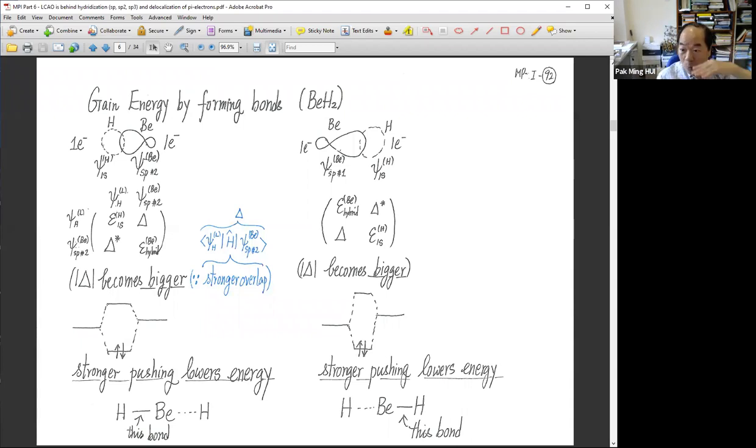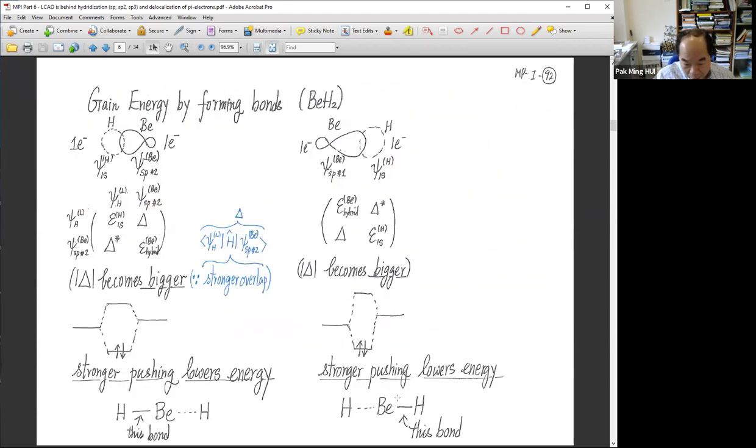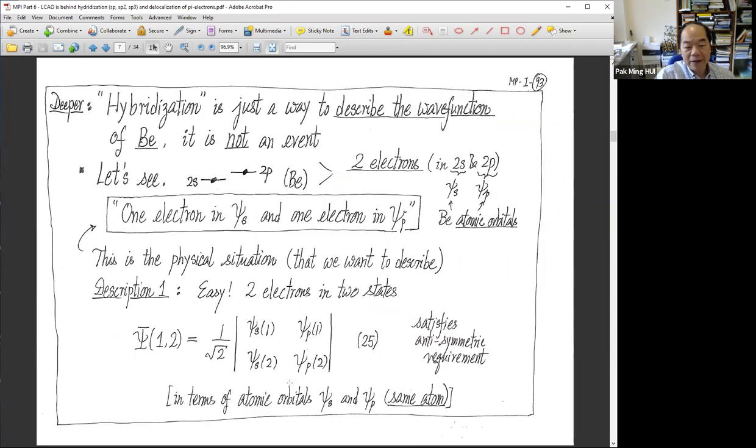But it is the lower one that will be occupied, the left one and the right-hand one. Therefore, this will form this bond. The lower block, I mean this block, will form the right-hand side bond, and therefore we have this linear molecule, rather strong bonding, okay? And that explains the hybridization. This is sp hybridization, okay?